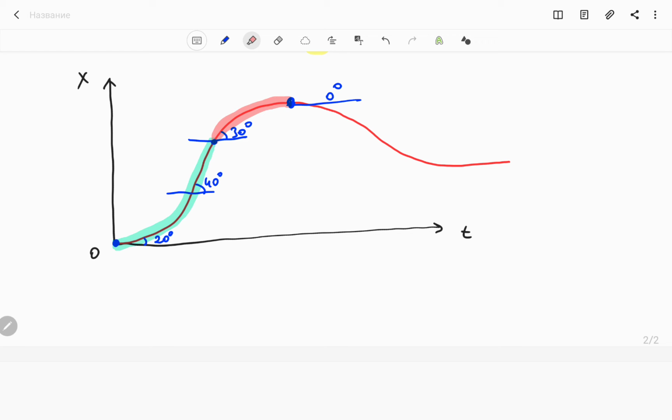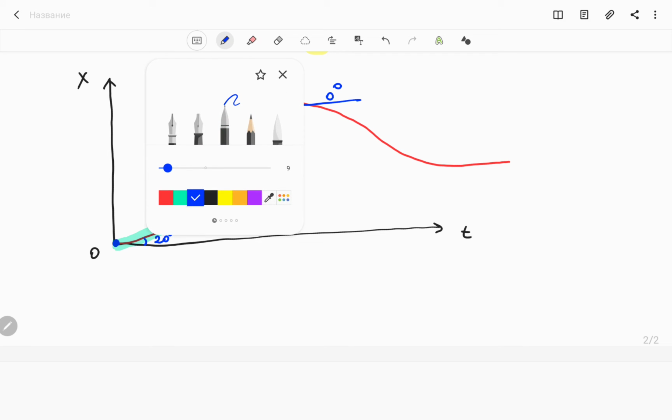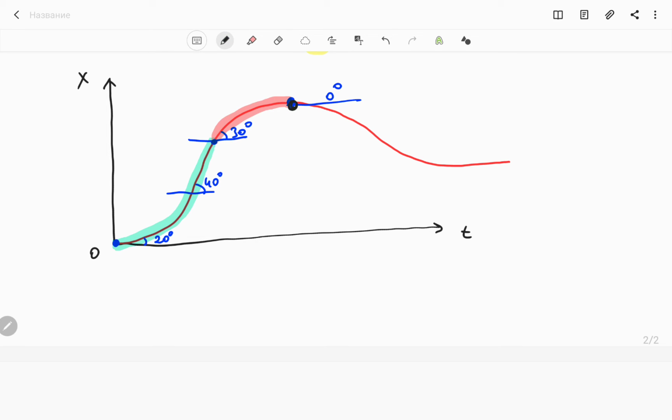I will highlight it with red color. It is decreasing velocity. Then what happens at this point? At this point, the angle is 0. It means velocity becomes 0 here because the angle is 0. It means this object is at rest at this time. It stops basically.